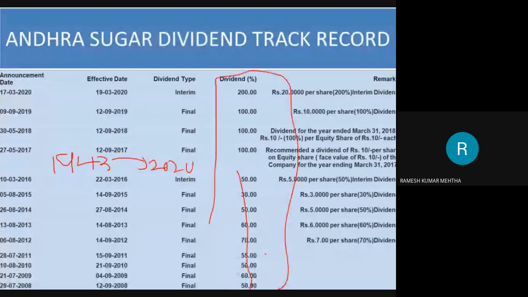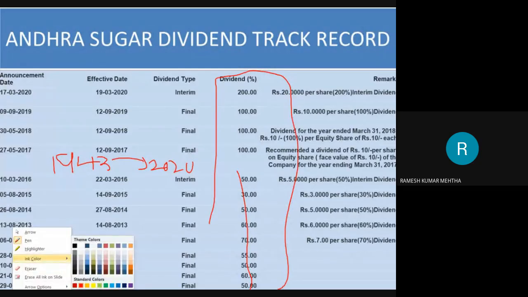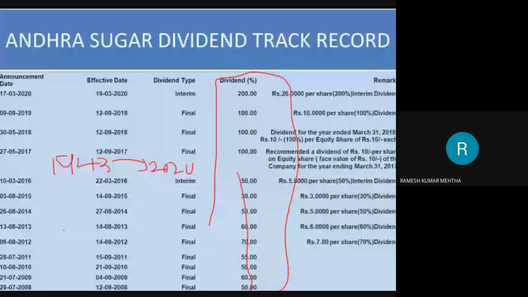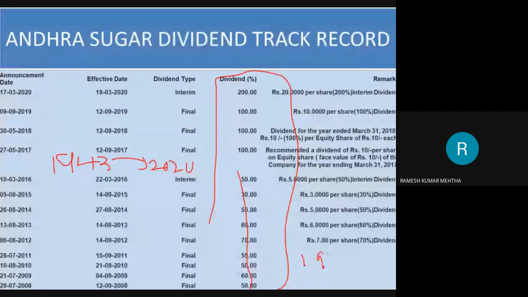I can't copy it in my slide, so I've just taken it from 2008 onwards. But the company has declared dividend consistently without fail from 1943 till 2020.